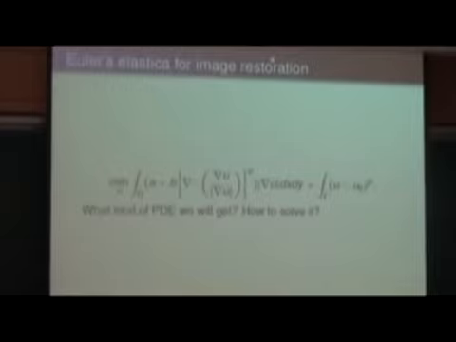So I think it was really made popular by Tony Chan, Sung Ha Kang, who is Korean, and Jackie Shen. I think their paper was really the crucial paper to make the elasticas popular for image processing. But they have used it for image inpainting.